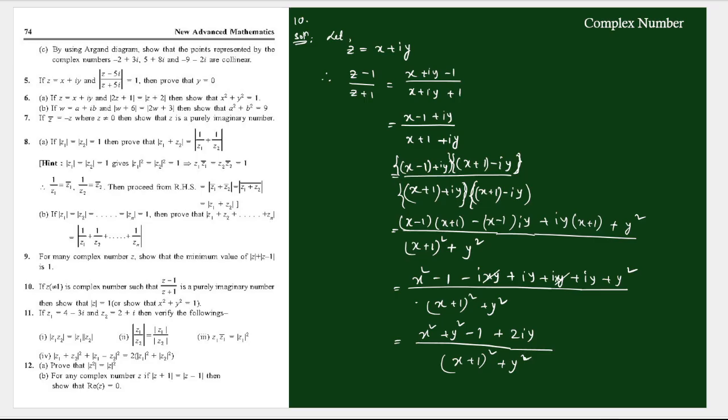Then what do we need to find? We need to solve for purely imaginary. Purely imaginary, so let's break it down into a plus ib form.